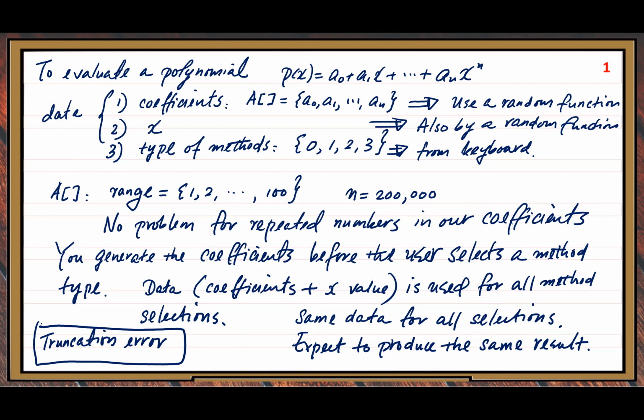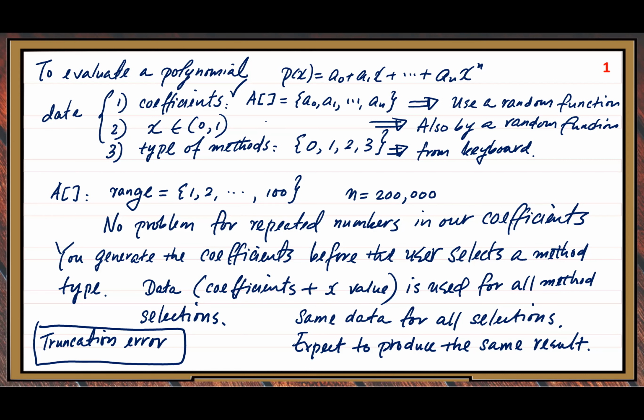And regarding the input validation, for the coefficients, you don't need to do validation, right? Because you generate the data in the range. That's already valid. For X, X is in the interval between 0 and 1, right? So we exclude 0 and 1, because that's too simple.